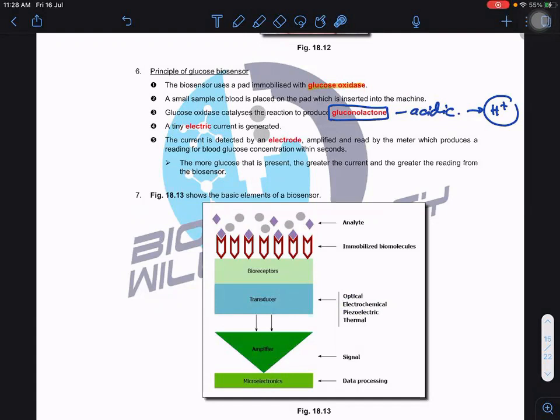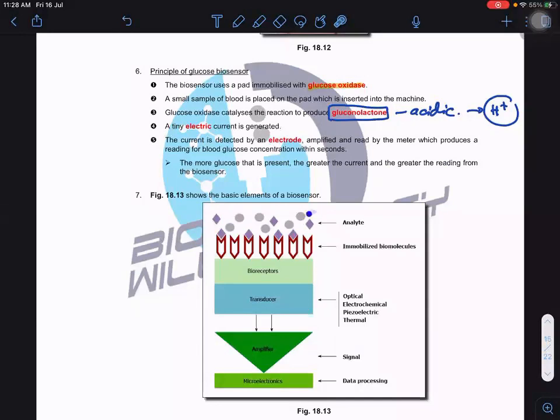Then it will give us the reading. So a higher concentration of H+ indicates a higher concentration of gluconolactone, and therefore glucose is in higher concentration. It totally depends on how much glucose is available in the sample. The current is detected by the electrodes, amplified by the meter, which produces a reading for the glucose concentration. So the more glucose present, the greater the current, and therefore the greater the reading from the biosensor.